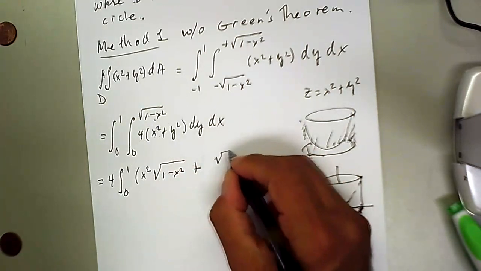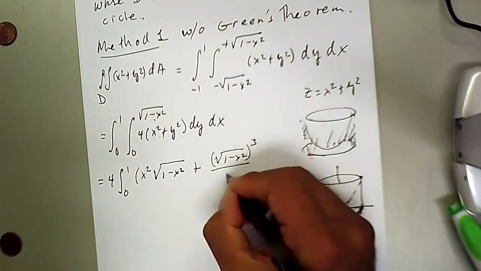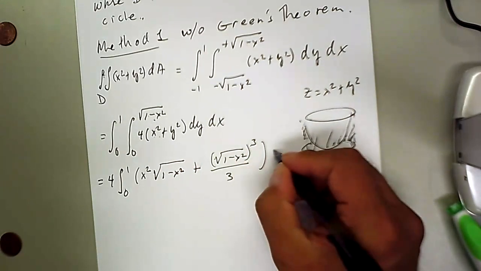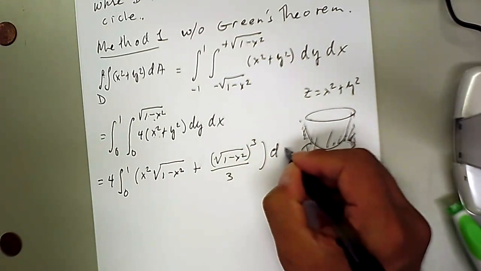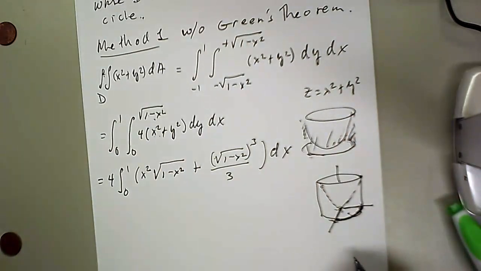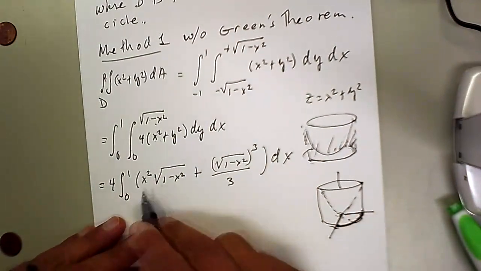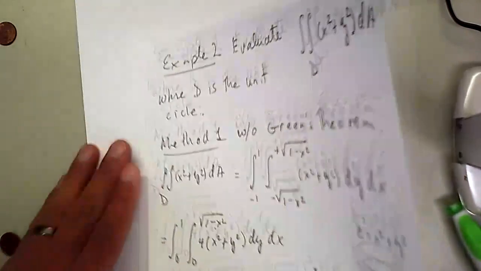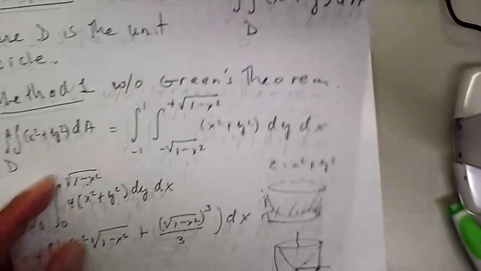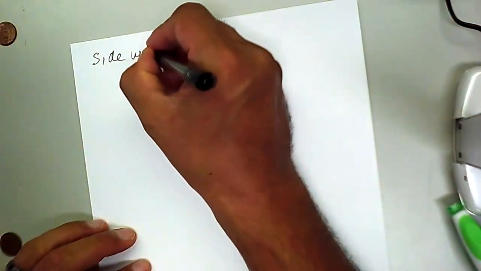So we're going to have the square root of 1 minus x squared, cubed, over 3, close parenthesis, with respect to x. All right. I'm going to do those integrals on the side. So we're going to do some side work.